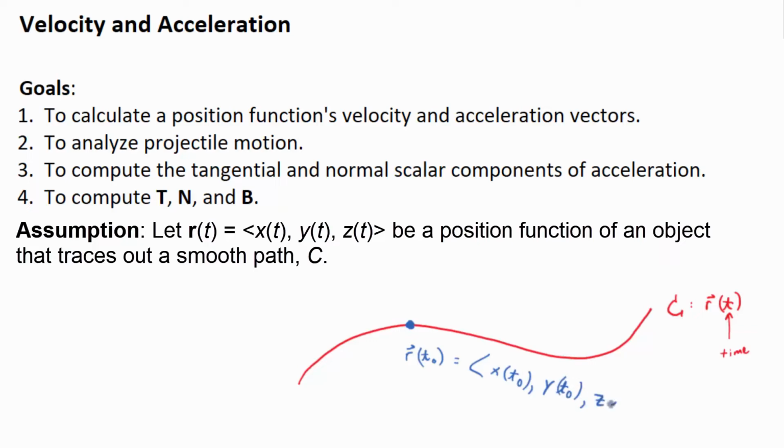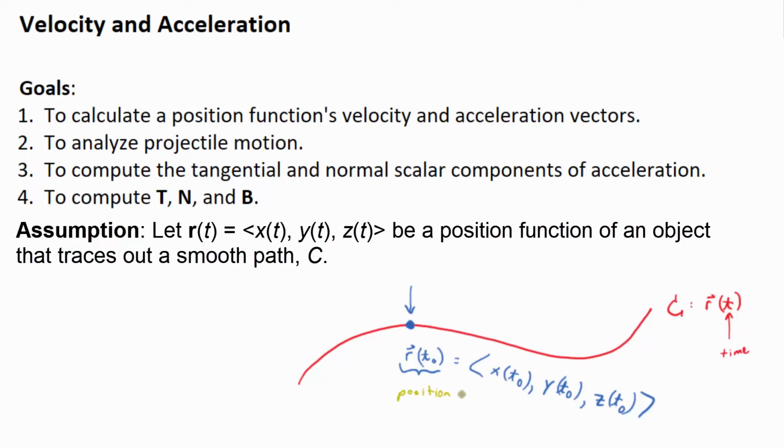z of t naught, and those are actual, for any particular t naught value, those are actual constant values. And what this represents is the position of the particle, this point graphically, this guy symbolically represents the position of the particle at time t naught.